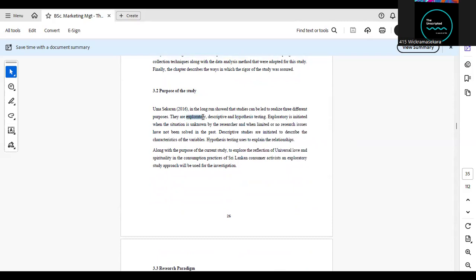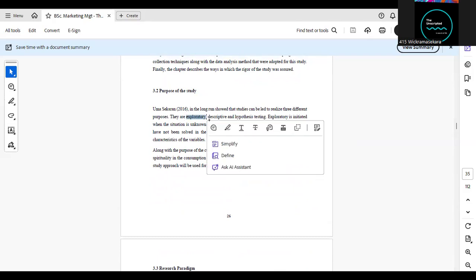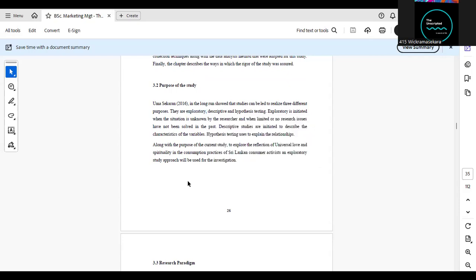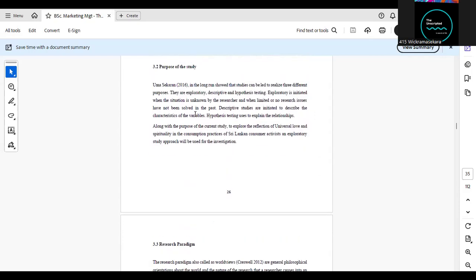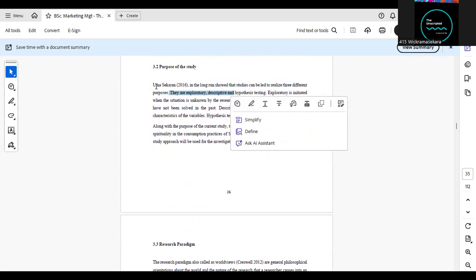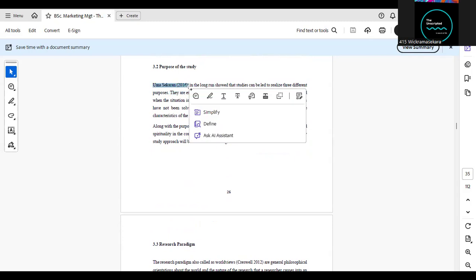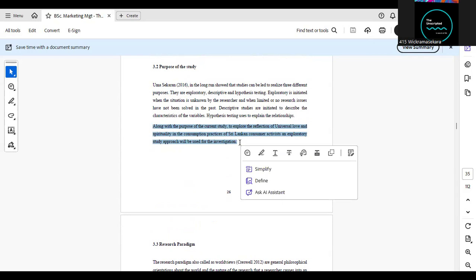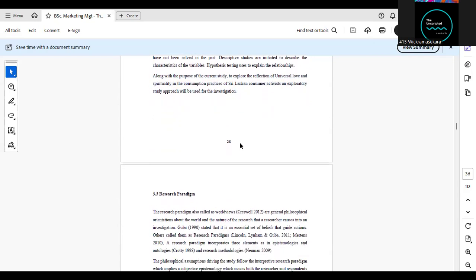For a qualitative study, it is going to be exploratory, because obviously you're trying to explore something that is previously unknown to yourself and even to other authors. So you have to always mention these different types with a proper citation, and then say what you have chosen and why you have chosen it for this particular study.